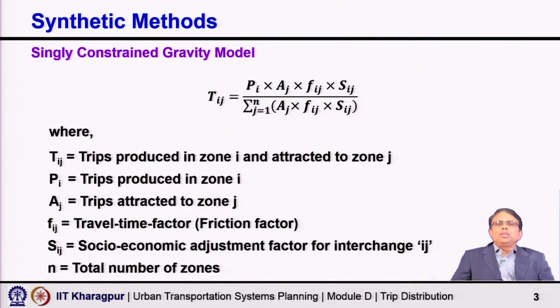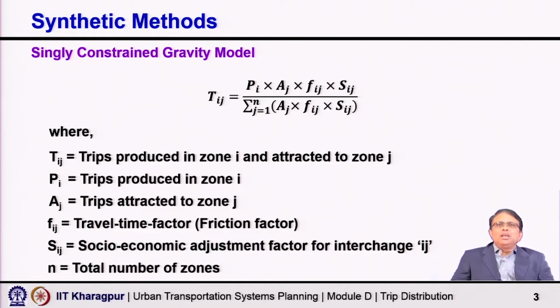But let us take the value of F_ij in such a manner that the higher the distance or the higher the cost, the lesser is the value of F_ij. That means, in a very simple manner, F_ij equals 1 by d_ij, or 1 by d_ij to the power n, or cost to the power n, whatever you say.